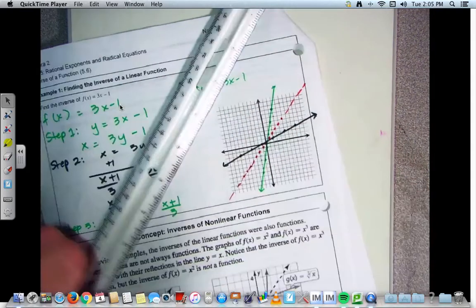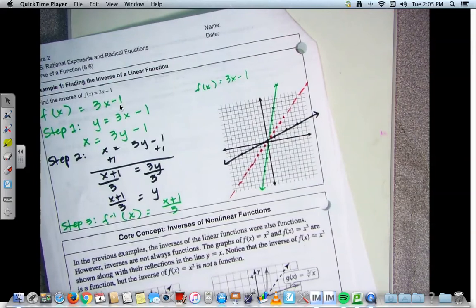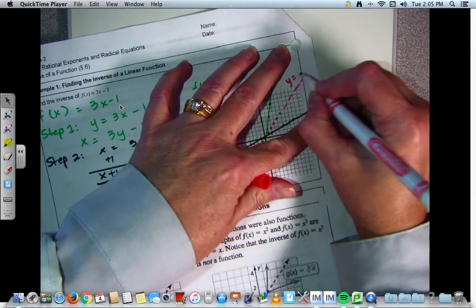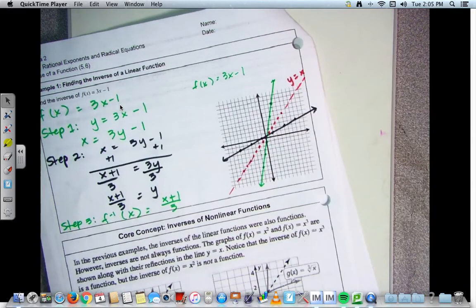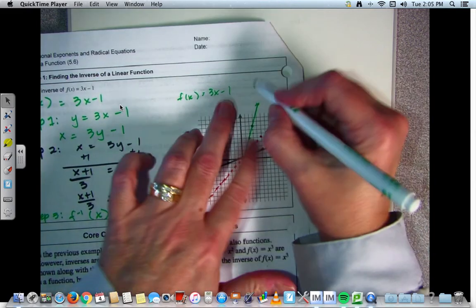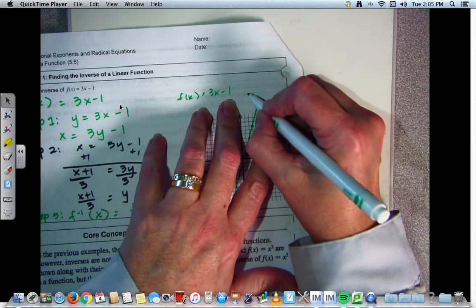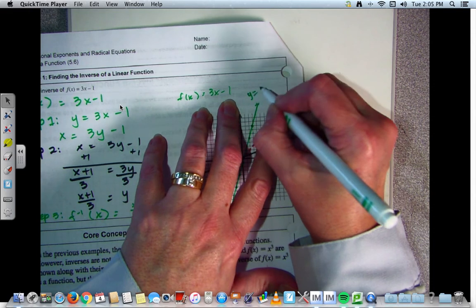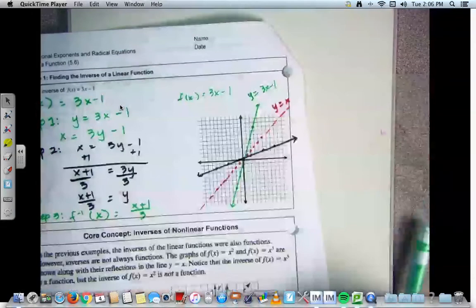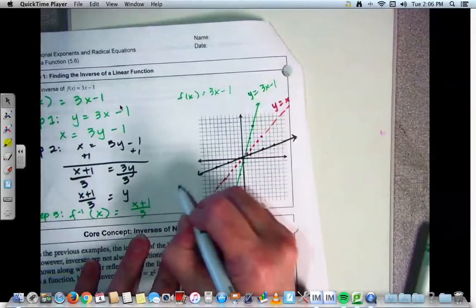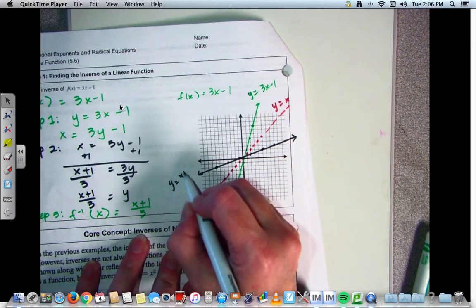This is our line of reflection. This is y equals x. This is y equals 3x minus 1. And this is y equals x plus 1 over 3.